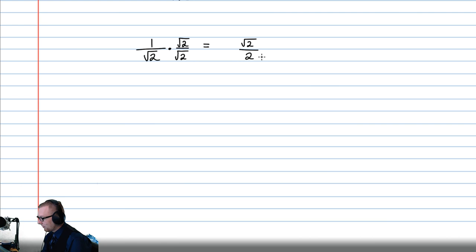Okay. So this is called rationalizing. Now, this was just a very simple one, where you just rationalize the one radical. But what if there's a sum or a difference on the bottom? So like 1 over 1 plus root 2. How do you rationalize these?